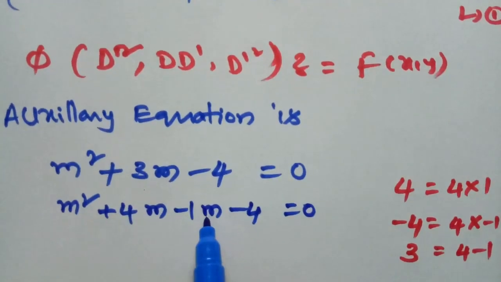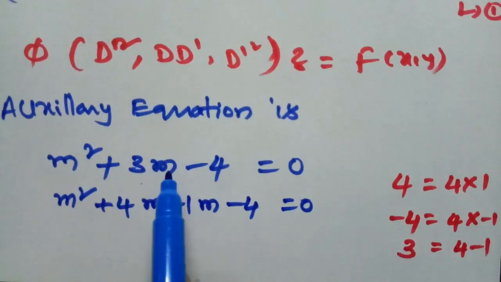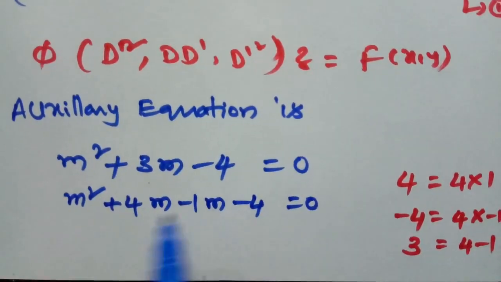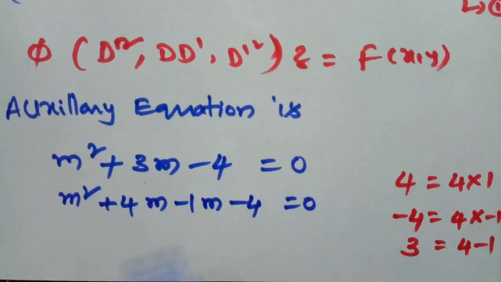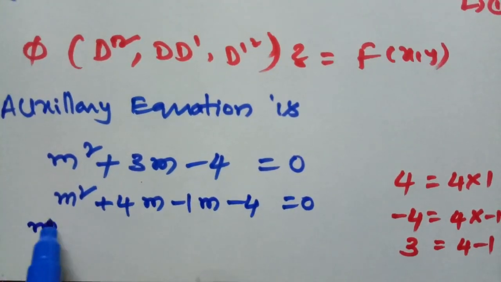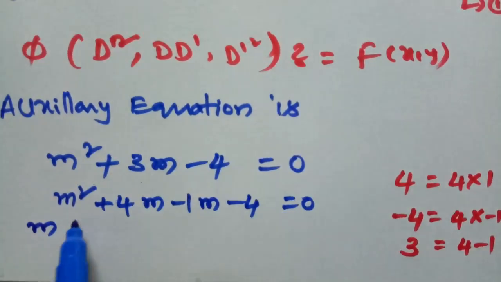Therefore, 4m minus 1m gives plus 3m, and the product of 4m and minus 1m gives minus 4m square. Therefore, we can take m as a common factor in the first two terms.